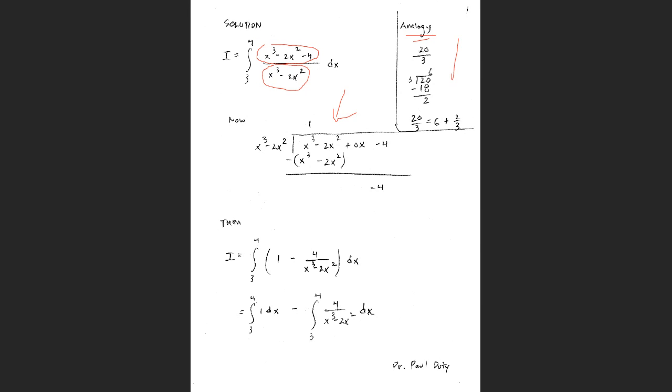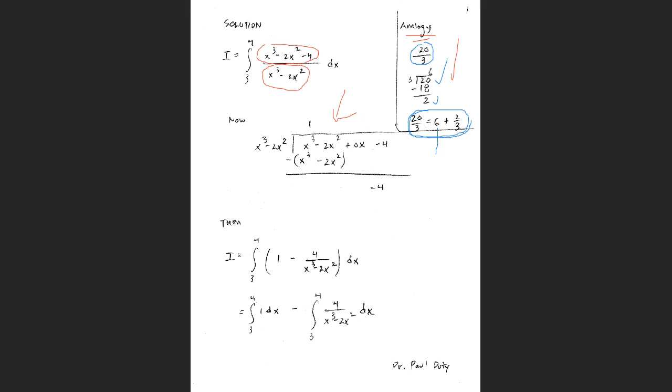Like for instance, let's say you had the fraction 20 over 3, 20 thirds. Well, 20 divided by 3: 3 goes into 20 6 times. 6 times 3 is 18, you have a remainder of 2. So 20 over 3 is equal to the quotient 6 plus 2 thirds, right?